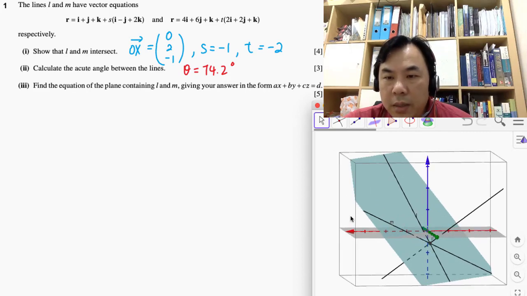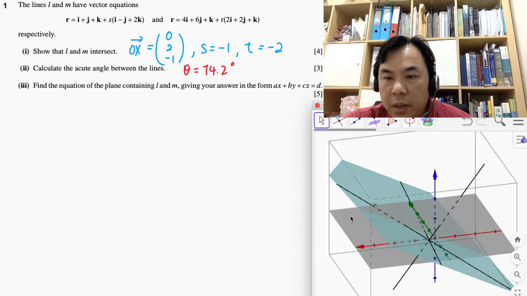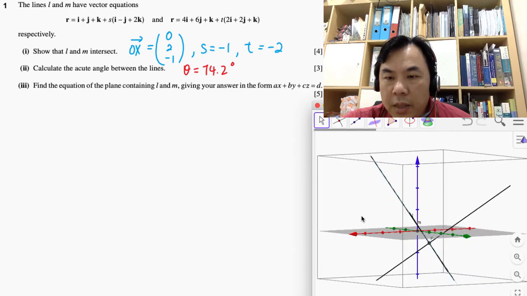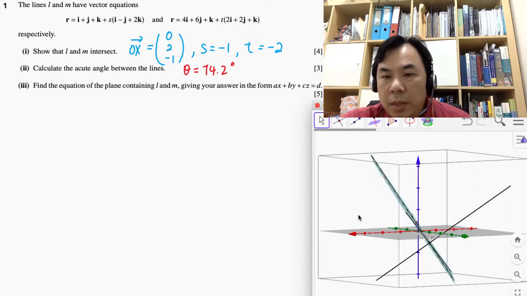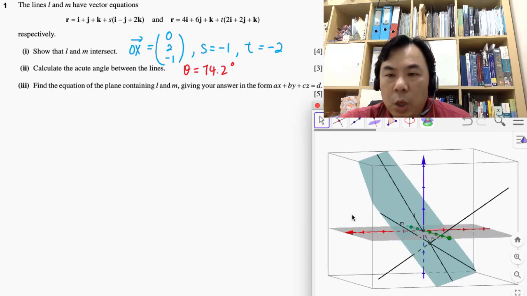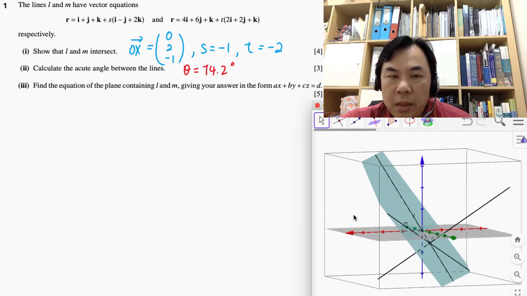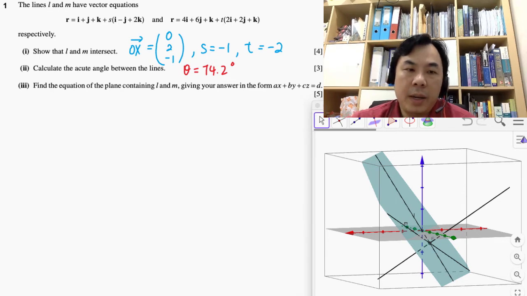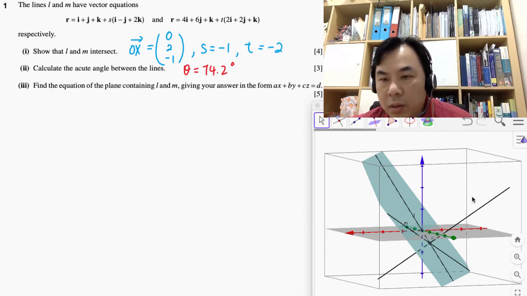This line that I've just created is actually 90 degrees to the plane. You can see from this perspective that it's 90 degrees to the plane. The vector that is 90 degrees to the plane is called the normal, or you can just call it the normal line. So we must obtain a normal to the plane, which is given by this line here. I'll label this as the normal to the plane P, for instance.